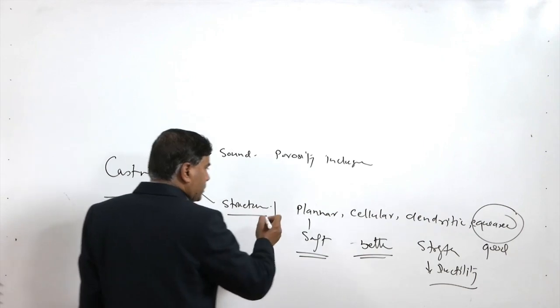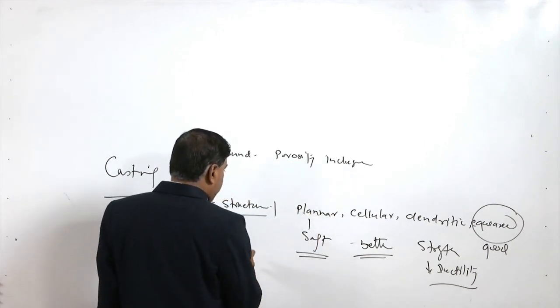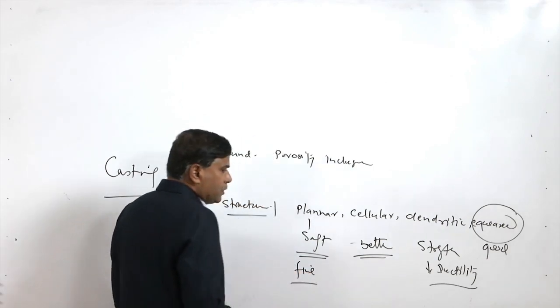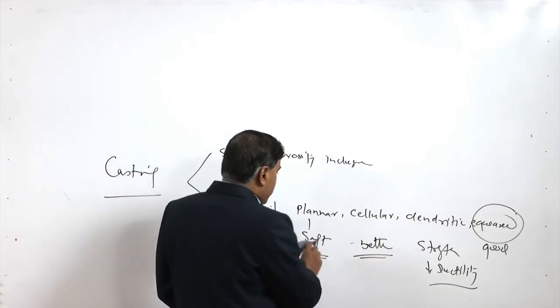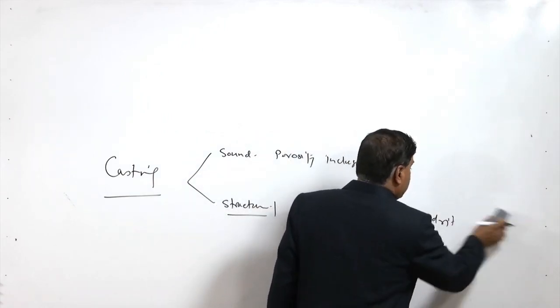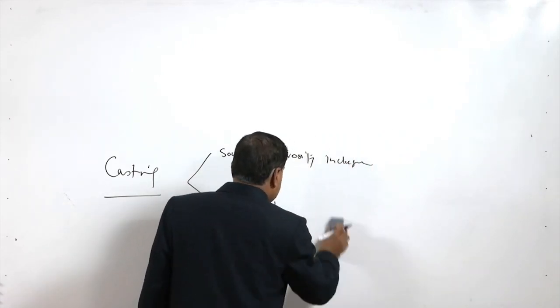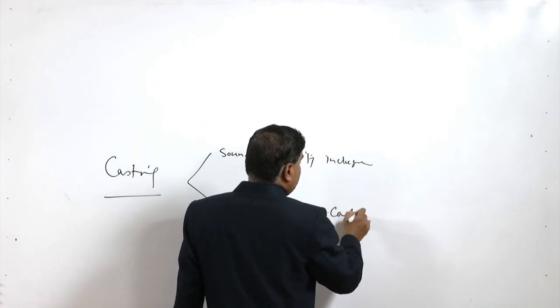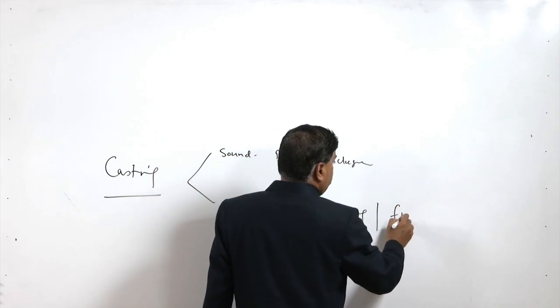So, this is about the shape, and another aspect related to the structure is the fineness. In those casting processes where a fine grain structure is produced, like die casting or metal mold casting, the cooling rate is high.